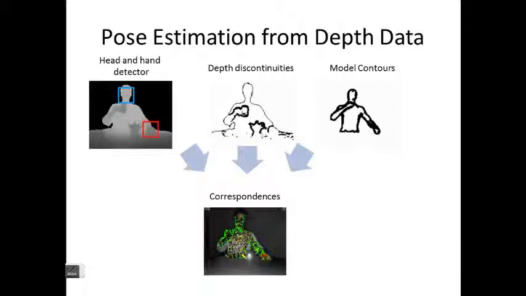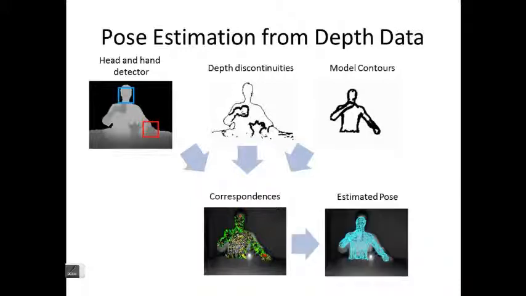And finally, there are these red correspondences which correspond to the detections of the face and hands in the depth image. So having gotten all of these mesh vertices on the surface of the human, we can estimate the pose because it's an overconstrained problem.